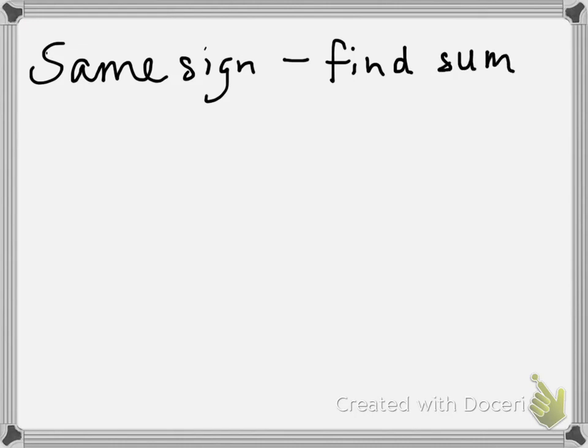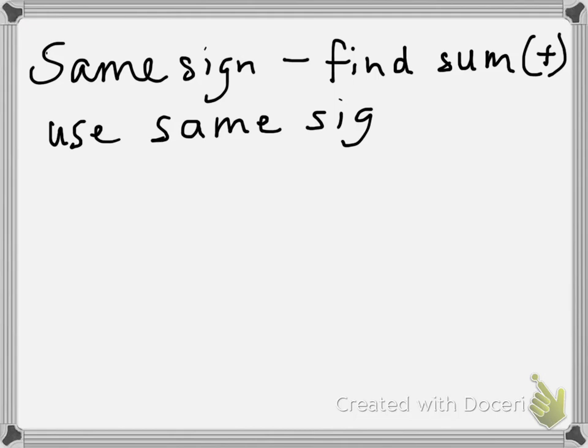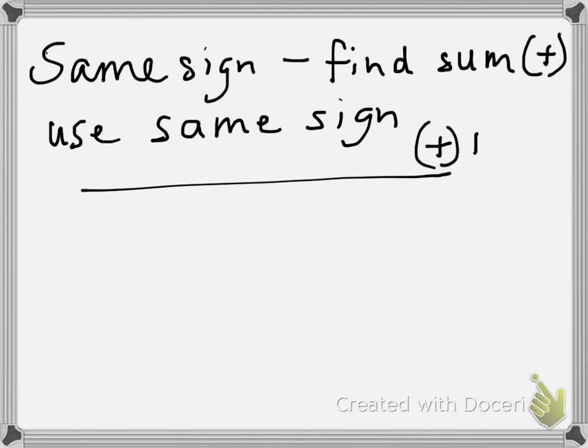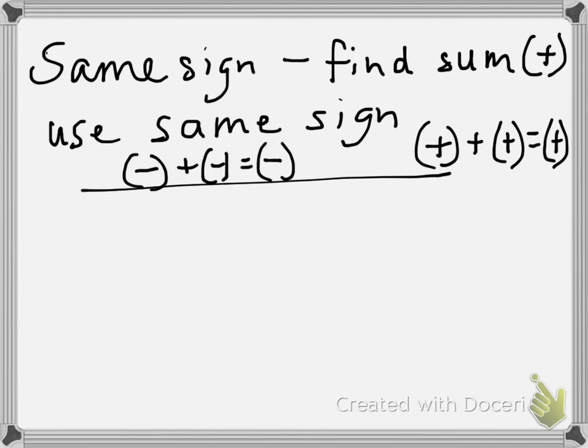So you're going to add, and then you use the same sign. So a positive plus a positive is going to equal positive, and a negative number plus a negative number will equal a negative number. And you simply add them.